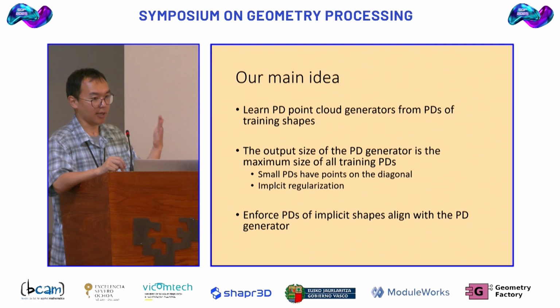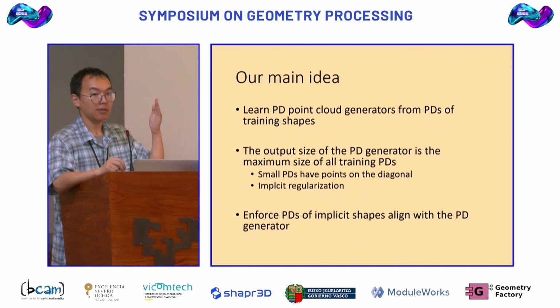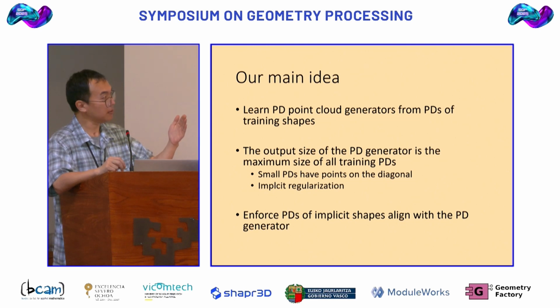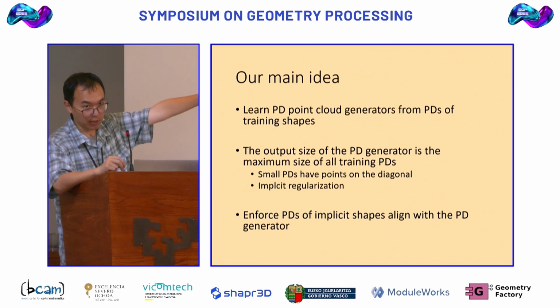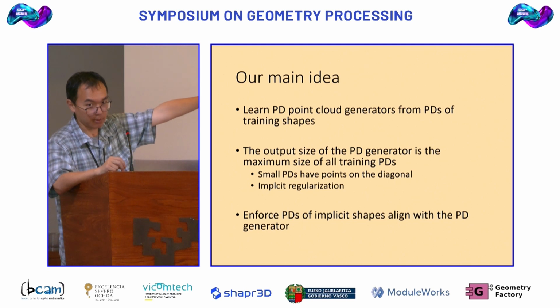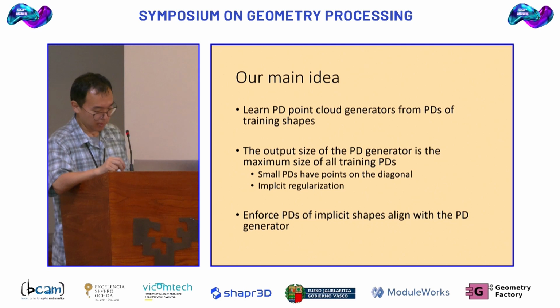We generate a synthetic point cloud that corresponds to persistence diagrams of the synthetic shapes. Then we have an implicit shape generator. Then we add loss between them using the 2 SGP papers. Then we are done, okay? Very simple idea.